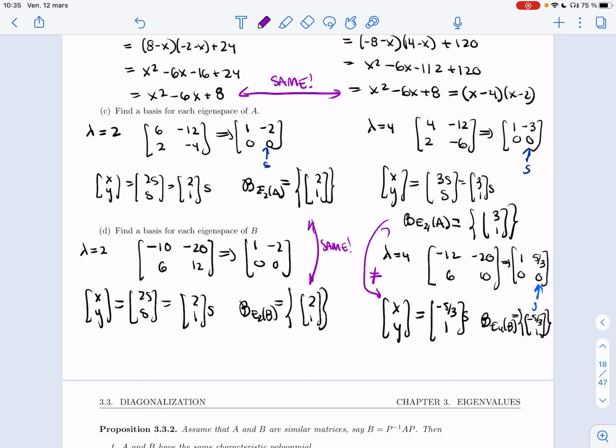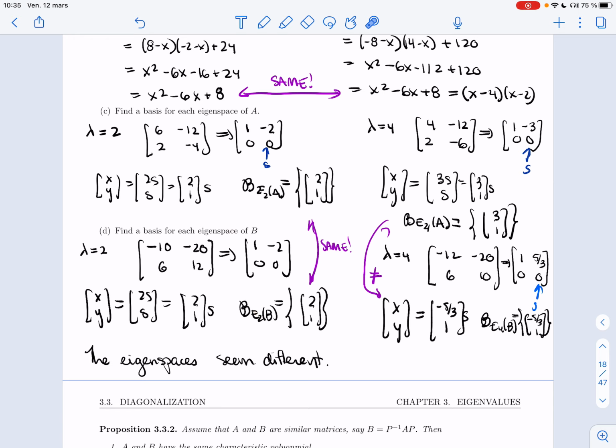So let's try to make this precise, but it doesn't appear like the eigenspaces match. Something's going on because these are the same, but these are different. So let's try to make this precise.